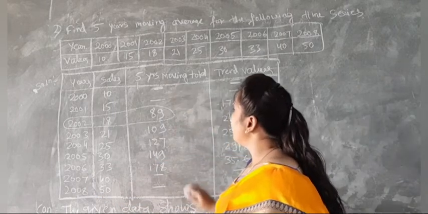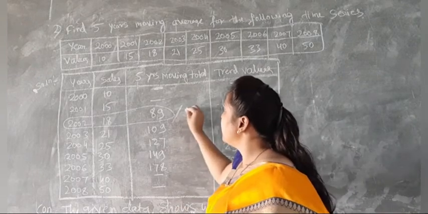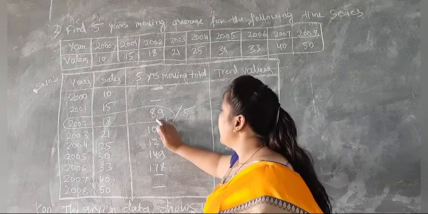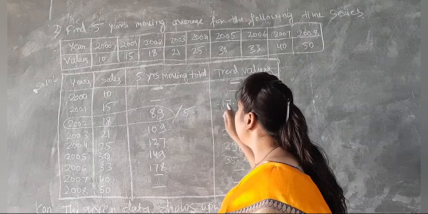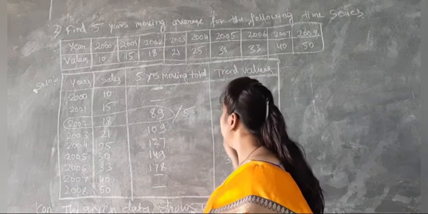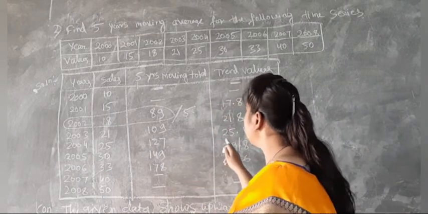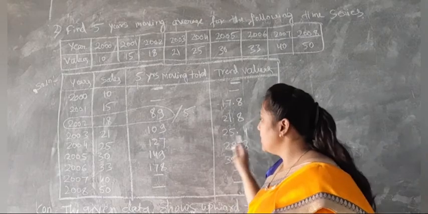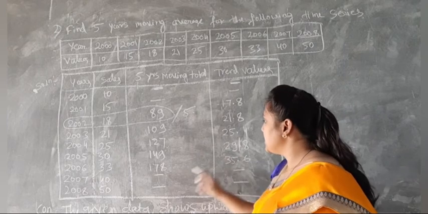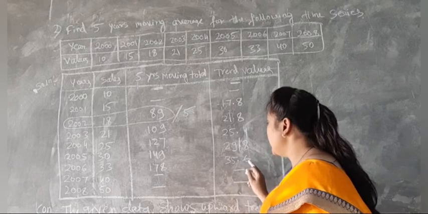So these are the moving totals. To calculate the trend value, this total is divided by 5 because it is a 5 years moving average. 89 divided by 5 is 17.8. 109 divided by 5 is 21.8. 127 divided by 5 is 25.4. 149 divided by 5 is 29.8. 178 divided by 5 is 35.6.